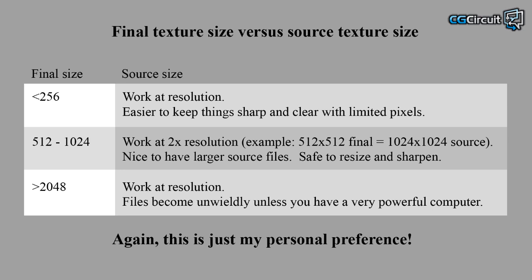Because sometimes what's important to you as an artist and what is important to the game and the gameplay can be very different things. So I'm not saying that you can't ever push for higher resolutions, because obviously sometimes it becomes a necessity, but it's usually one of those last resort things.